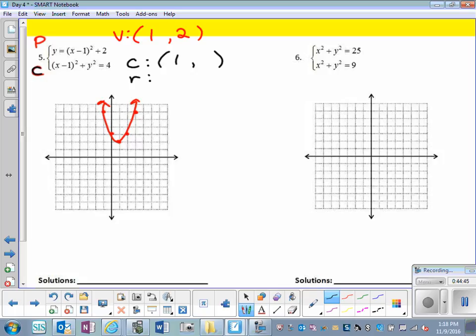No, so 0. That gives you your x, y for the center. What is your radius? 2, because it's the square root of 4, right? So 1, 0, that's my center. Up 2, right 2, down 2, and left 2.